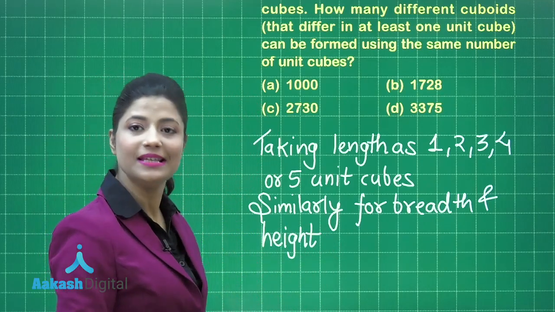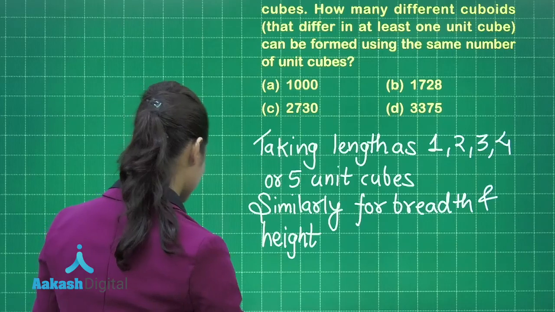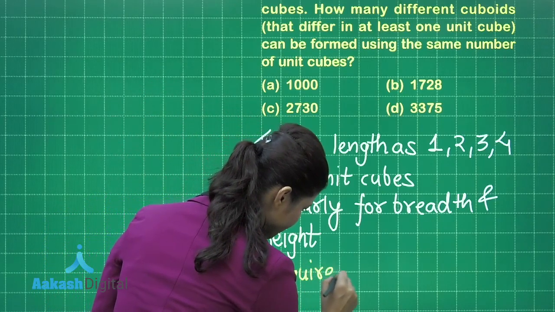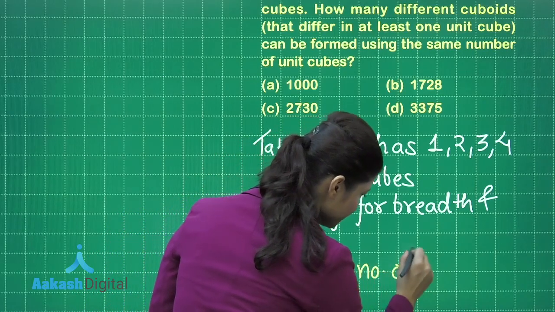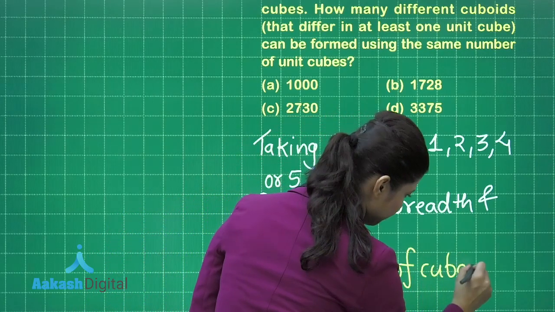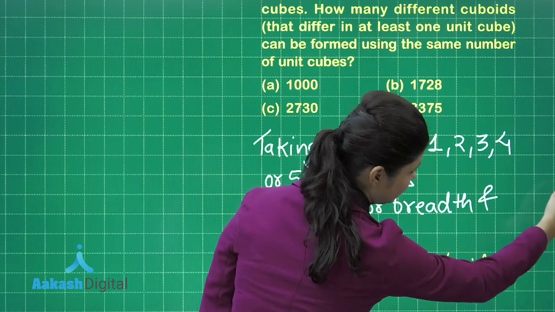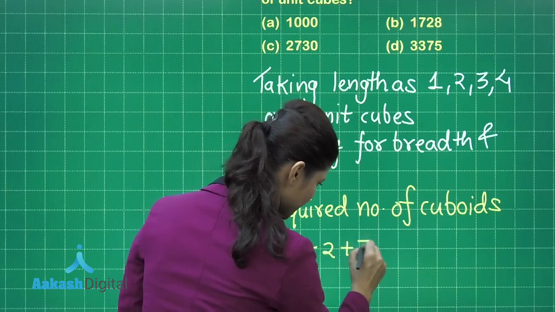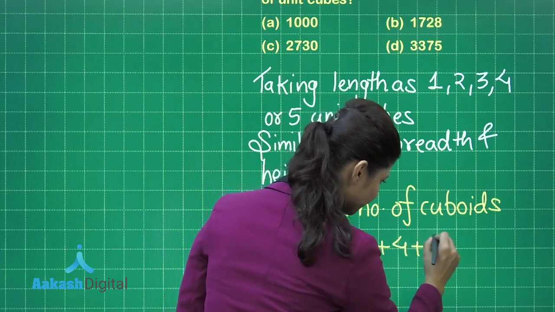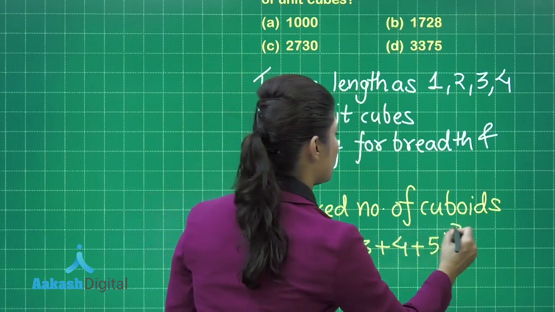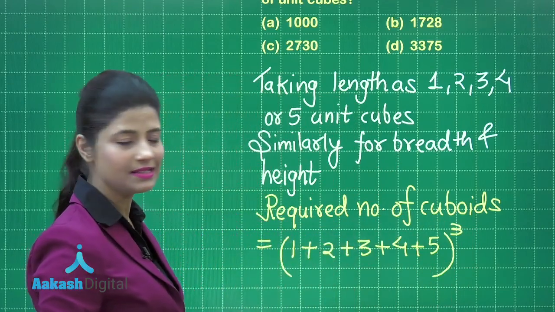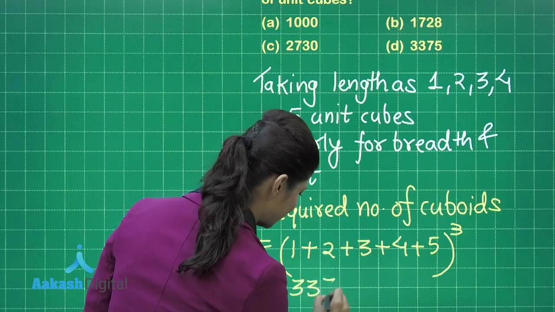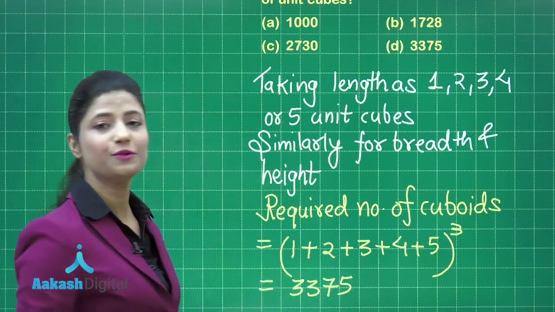And based on this selection, the required number of cuboids will be given by 1 plus 2 plus 3 plus 4 plus 5, and cube of that, for all these possibilities. When you simplify this, this is cube of 15, that is 3375. So the required answer for this question is 3375.